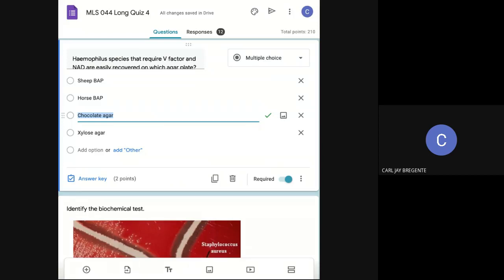When you make chocolate agar, you heat it. When chocolate agar is heated, class, it will lyse the RBCs. And when the RBCs are lysed, the NAD factor is released, which is then available for the Haemophilus requirements.